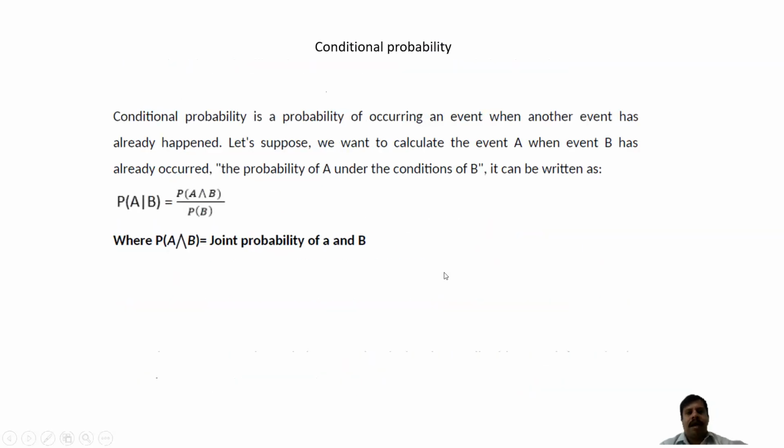Next is conditional probability. Conditional probability is the probability of occurrence of an event when another event has already happened.